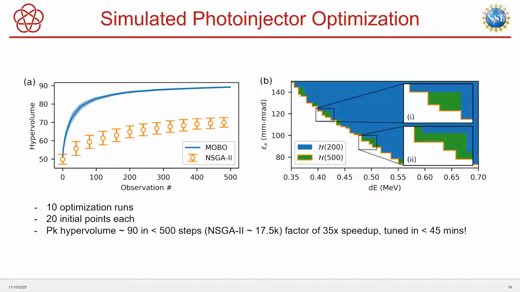Now, on the plot on the right, if we look at the current Pareto front after 200 and after 500 observations, we can see the two methods that the algorithm has at its disposal in order to increase the hypervolume. In the first case, in the top subplot, we see that we simply sample points in between other points in objective space in order to improve the hypervolume.